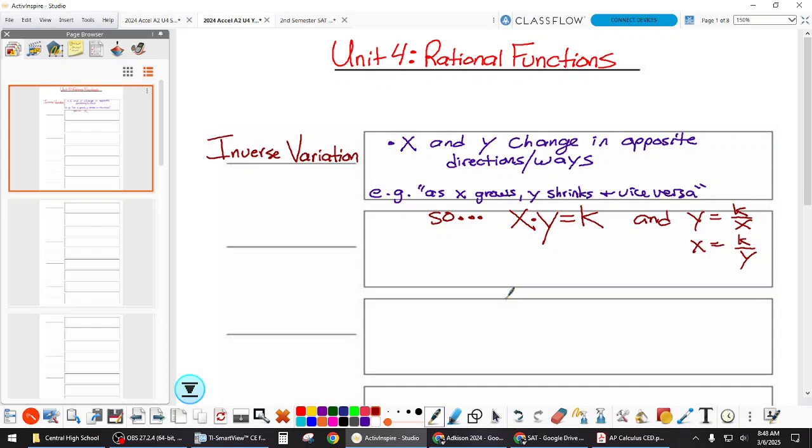But anytime you have variables, one in the numerator, one in the denominator, they are inversely related. So k is called a constant of proportionality.